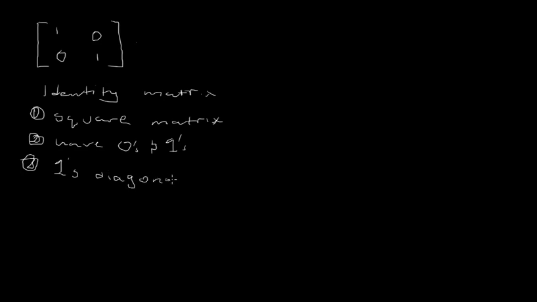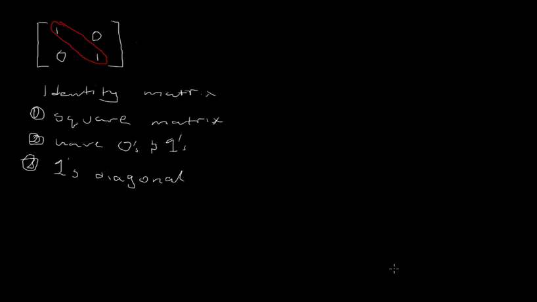So let's look at the example that we have. The ones in 1, 0, 0, 1 are diagonal in this square matrix. So the ones should satisfy that condition and be in a diagonal arrangement.